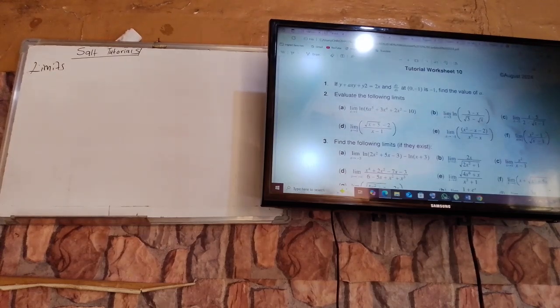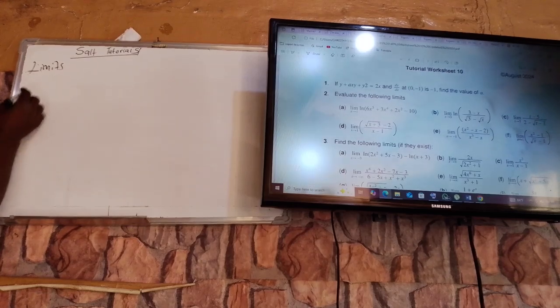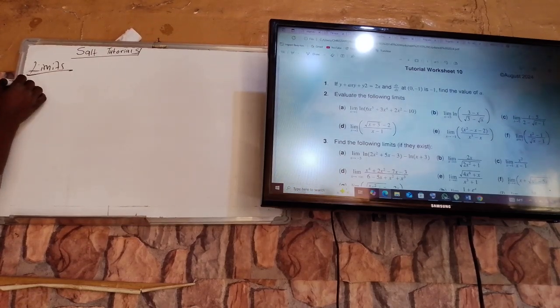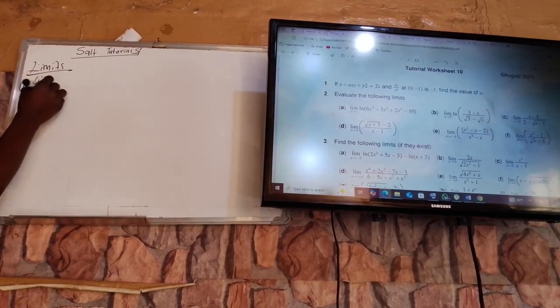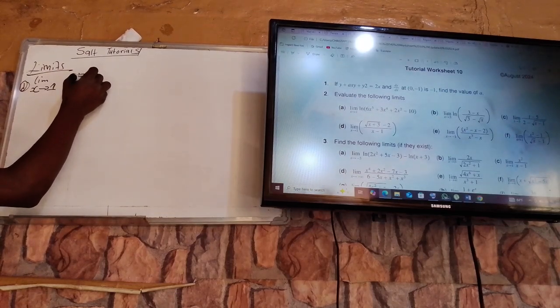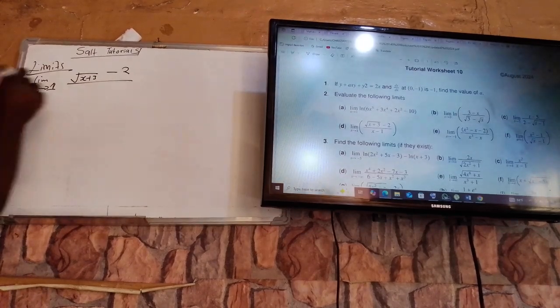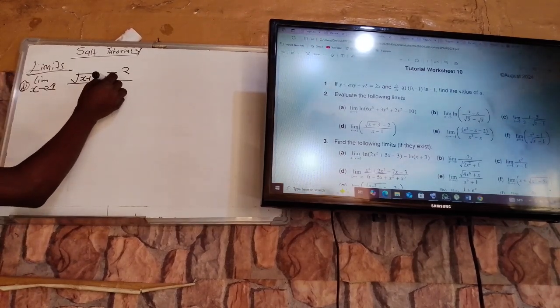So let me choose one. Which one can I choose? Which one is the simplest? So I have that D, the limit as x approaches 1 of the root of x plus 3 minus 2 over x minus 1.